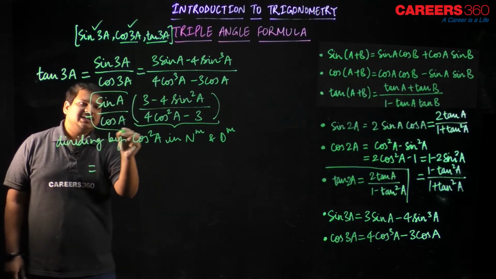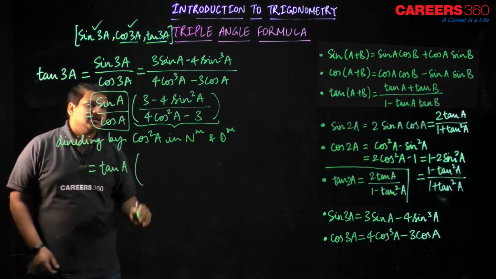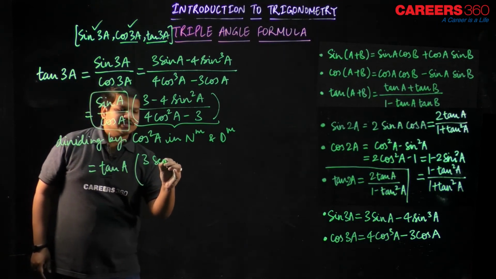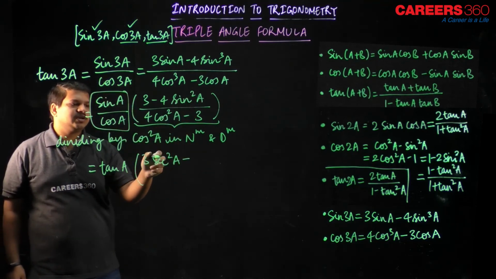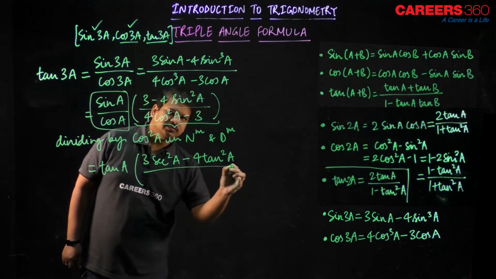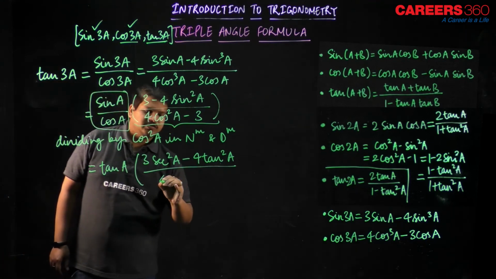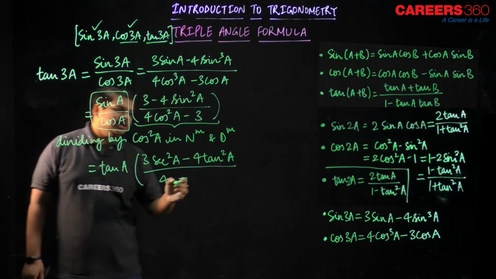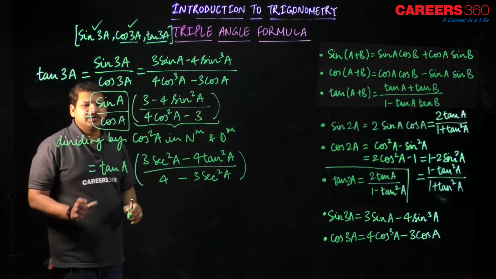Now this will turn up as tan A, and over here, if I divide 3 by cos square A, it will turn out as 3 sec square A, and then minus, if sin square A is divided by cos square A, it will turn out as tan square A. I hope it is making sense to you. Then again 4 into cos square A divided by cos square A will give me 4 only, and then minus 3 upon cos square A will give me 3 sec square A. I hope it is clear to you.